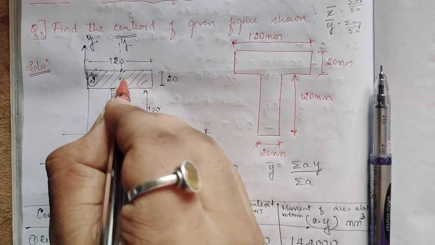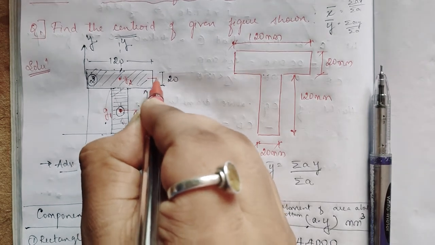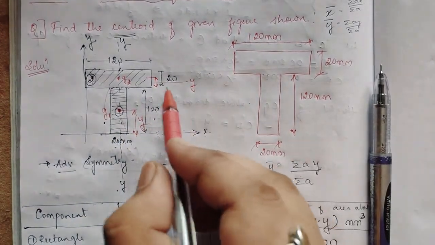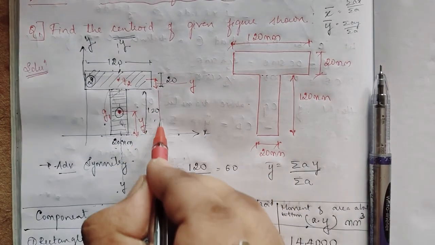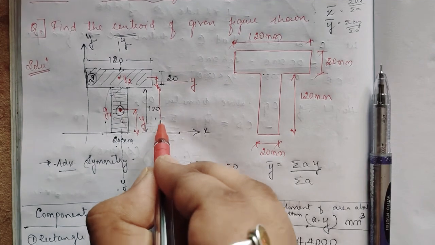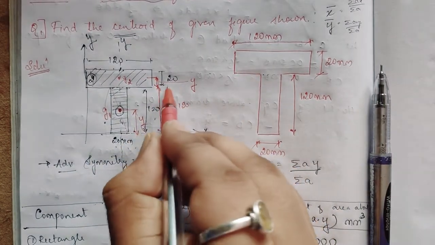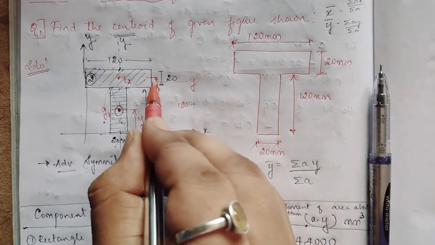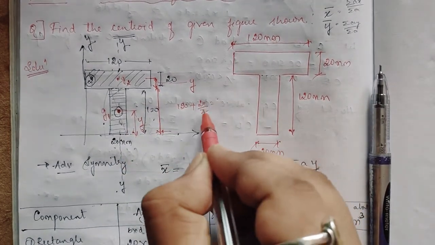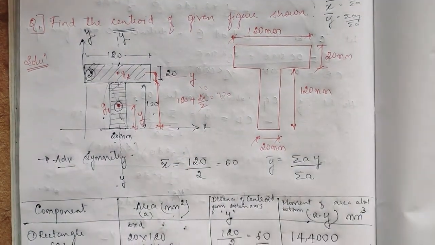So I think here will be the centroid. I need the distance, this distance I want from this axis. Okay, the distance from here to here, what it will be? It is 120, this is 120 plus this 20 by 2. It is nothing but 130.